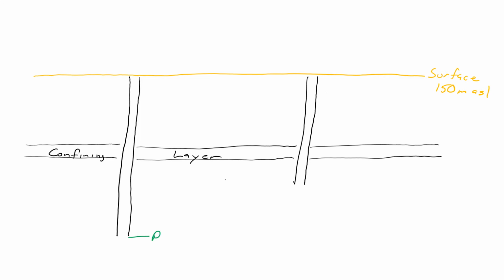Where's the bottom of well 1? Right down here. Point 1. What information did I give you about point 1? 100 meters below sea level, okay? So this is 100 meters BSL, below sea level.